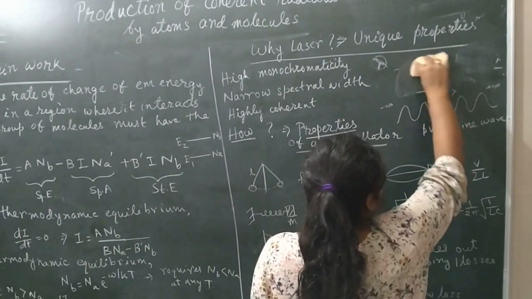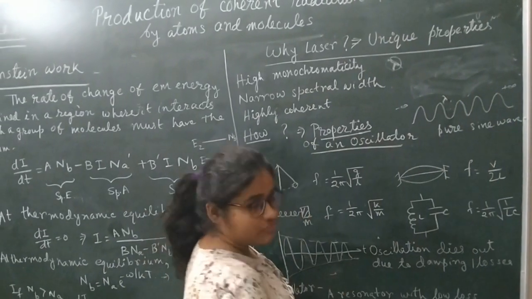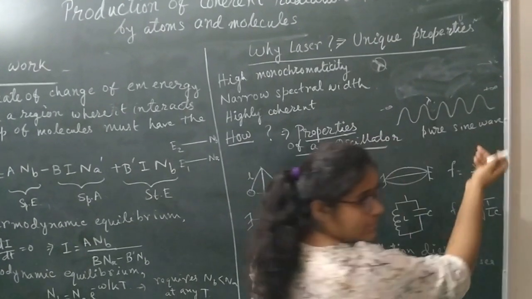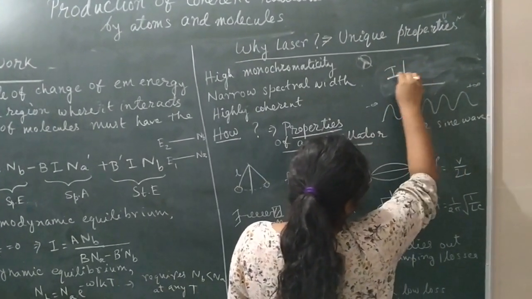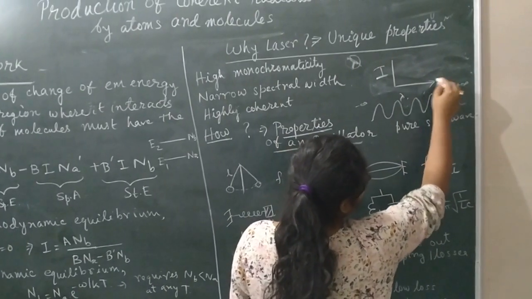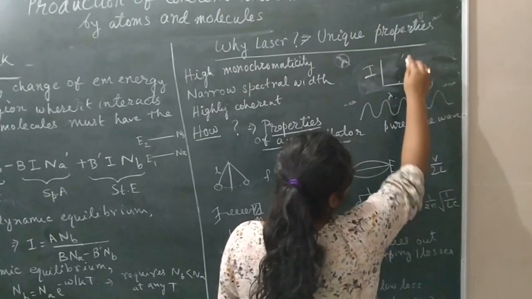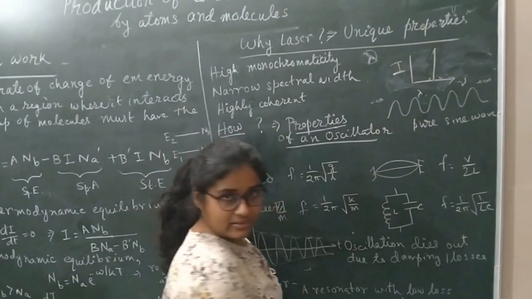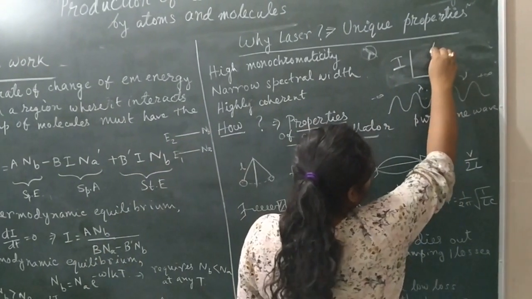You have just two levels, and if there is an optical transition from the upper state to the lower state, you get a certain frequency of emitted light. So you plot intensity versus nu, and theoretically it should consist of one nu, that is a delta function like line, but practically you don't get it.